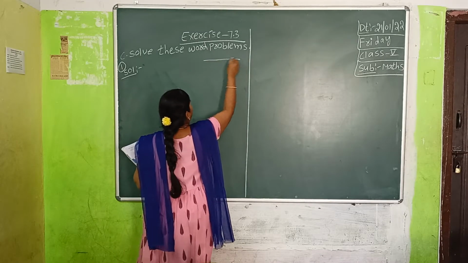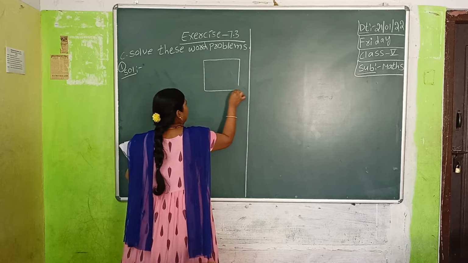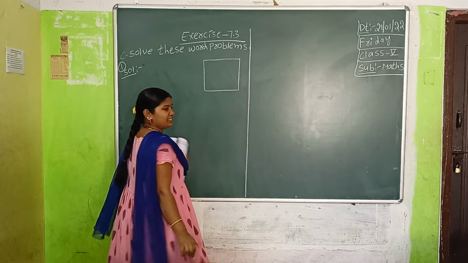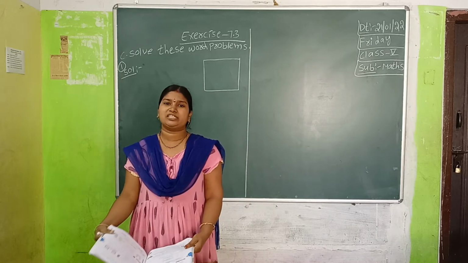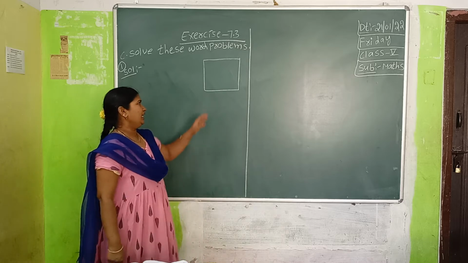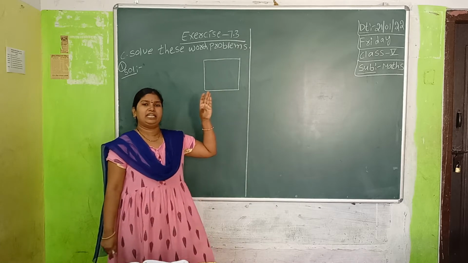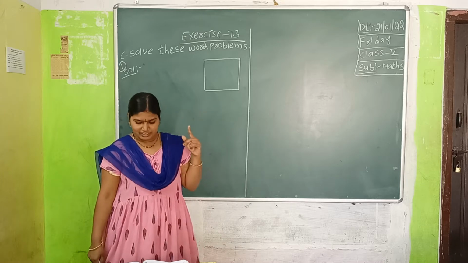See, what do you mean by square first of all? Square means a figure having four sides of the same equal length. That type of figures are known as square shapes. They are telling a square shaped piece of land. They give only one side.